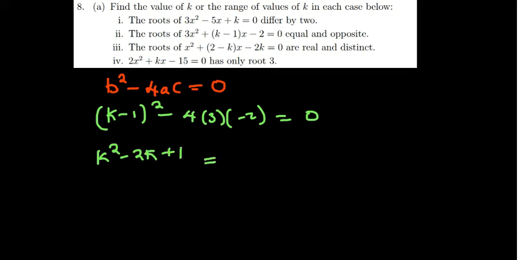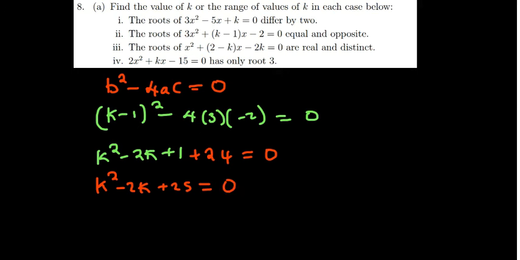Negative 4 times 3 is minus 12, times minus 2 is a positive 24. So I have k squared minus 2k plus 25.